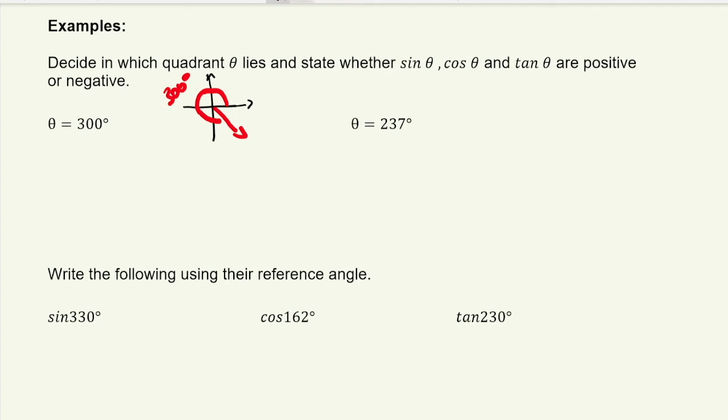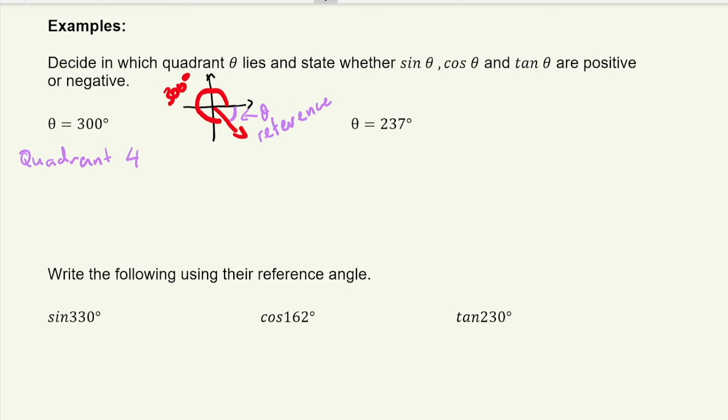So we actually want the inside angle here. That's the angle we want. So that's what we want as our reference angle. And that's going to be in quadrant 4.